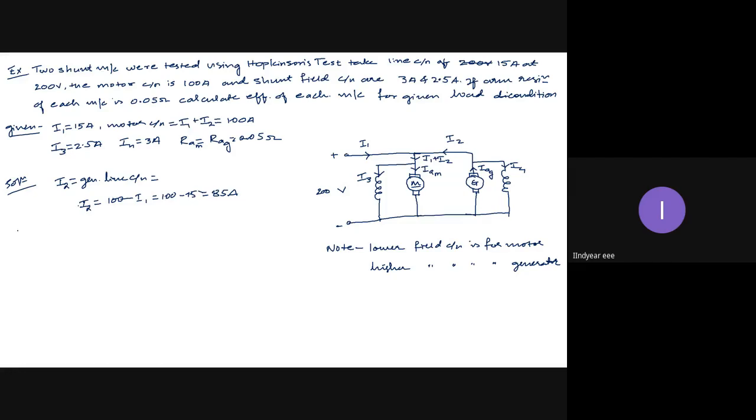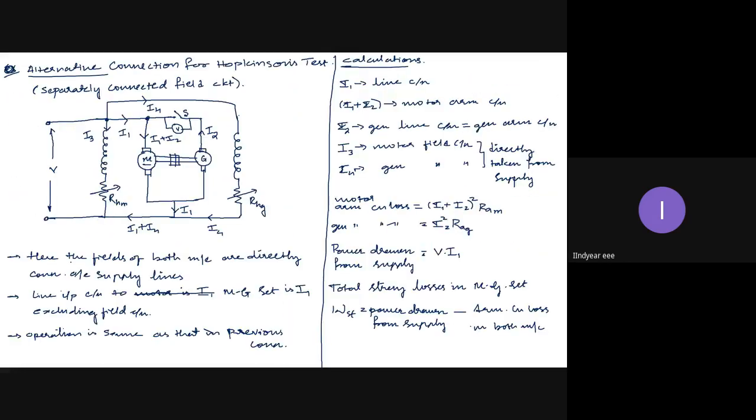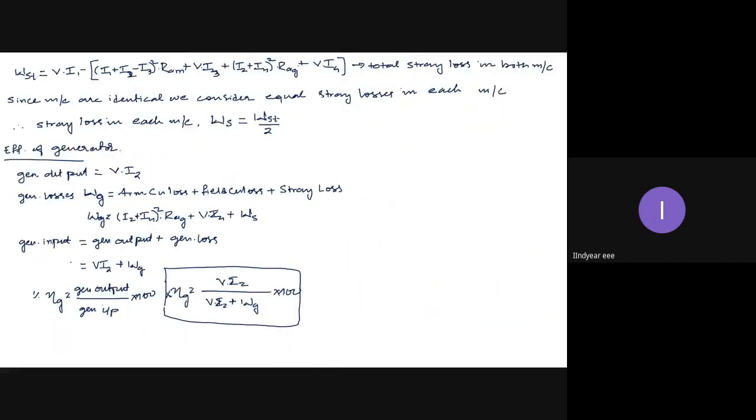Then first we calculate stray losses. Stray losses, WST, total stray losses. For the expression for total stray losses, I will directly use the equations.